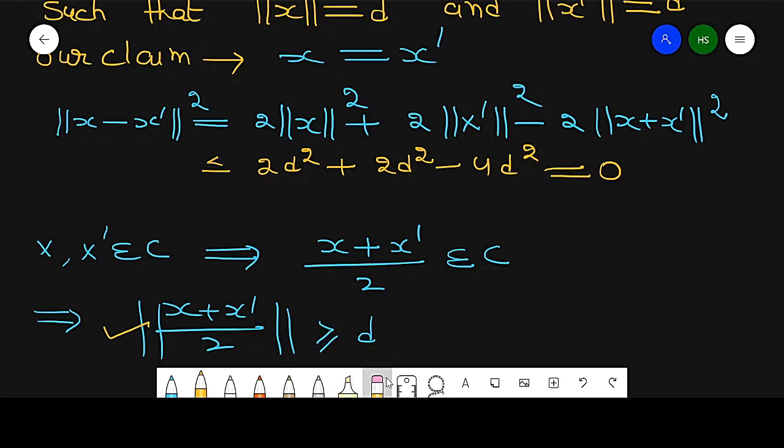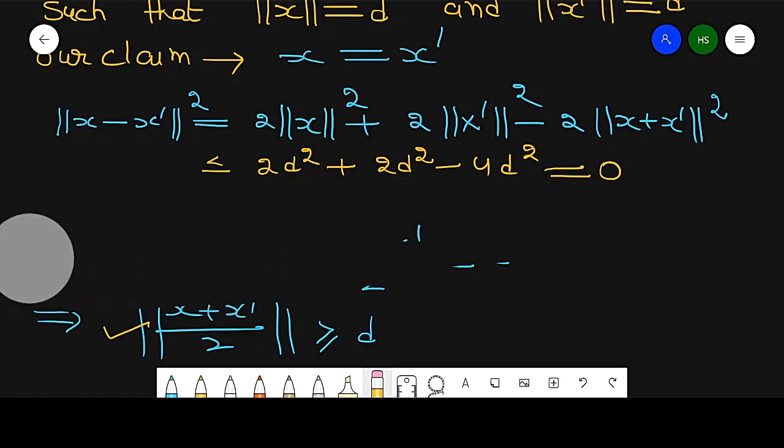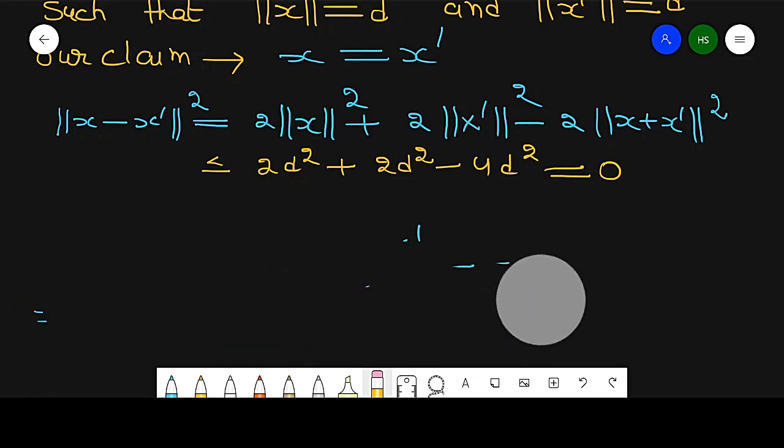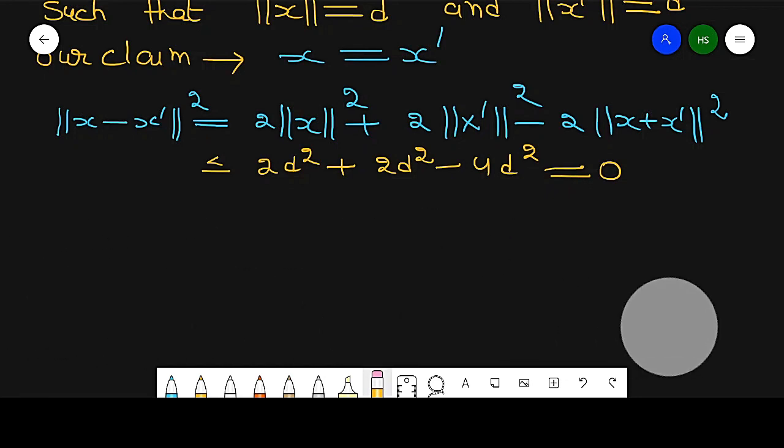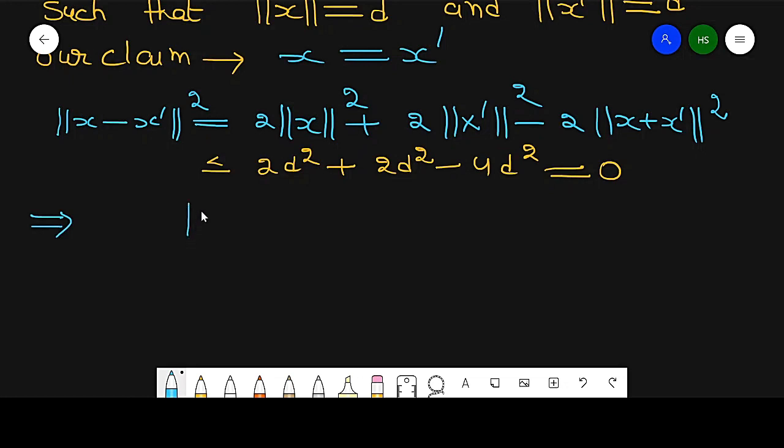If this is less than or equal to 0, but a norm cannot be negative, it implies the norm of x minus x dash equals 0.